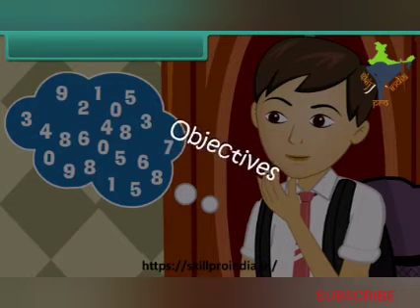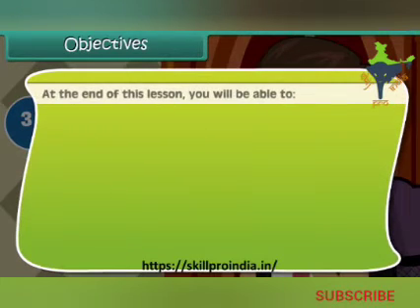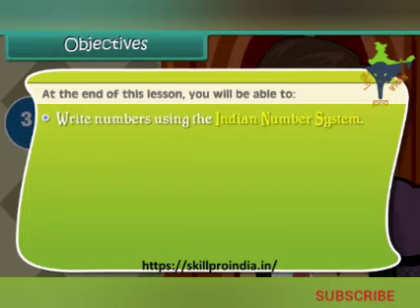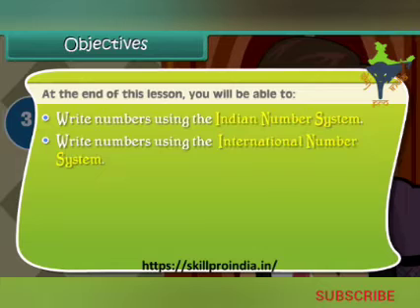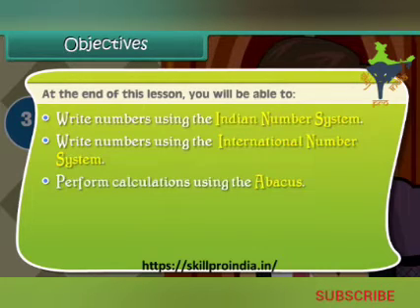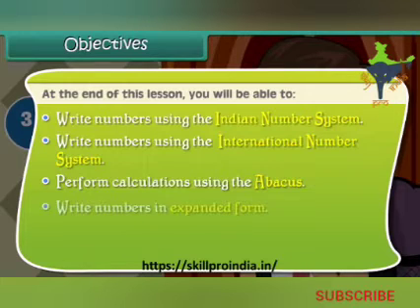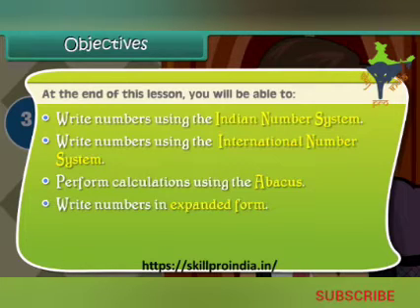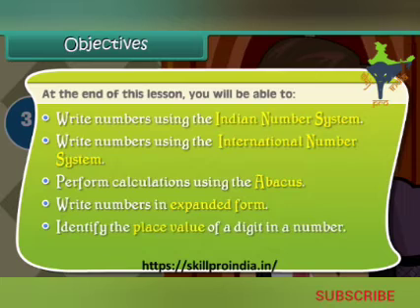Objectives. At the end of this lesson, you'll be able to write numbers using the Indian number system. Write numbers using the international number system. Perform calculations using an abacus. Write numbers in expanded form. Identify the place value of a digit in a number.